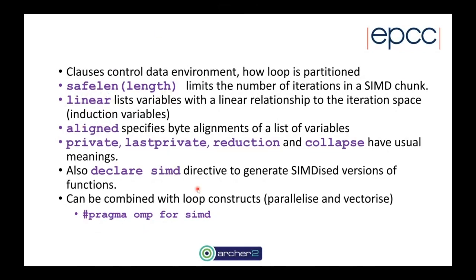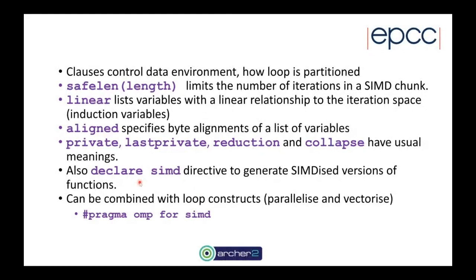And you can use it with a for loop or a do loop to vectorize and parallelize that. There are further pragmas from OpenMP which let you declare things like small functions as vectorizable SIMD functions, which can be included inside loops.